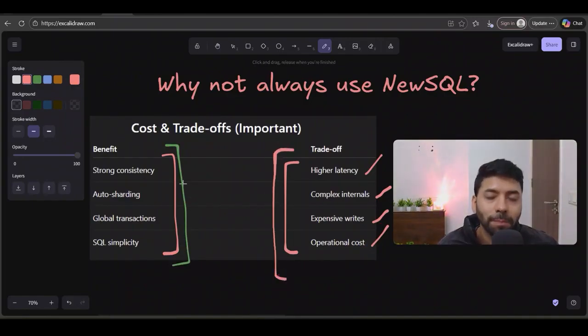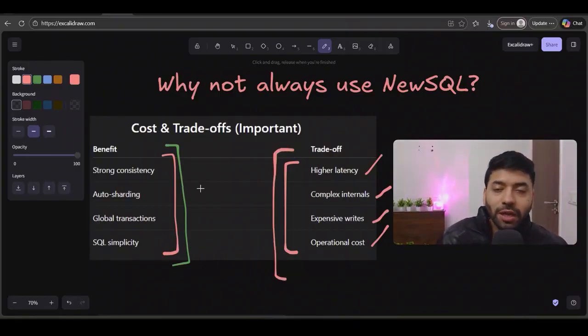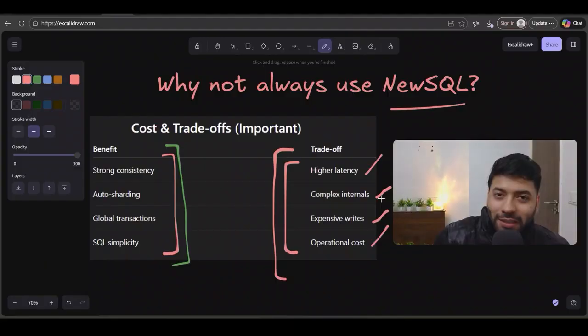So it totally depends on what you actually want in your system, and based on that you can pick, because it's not a good idea to pick NewSQL for every operation, because that would result in higher latency, complex stuff, and a lot more increase in expenses, correct? So if your system can be handled by SQL or NoSQL, of course you will go for that. In case you really need NewSQL, then of course you can go for it.